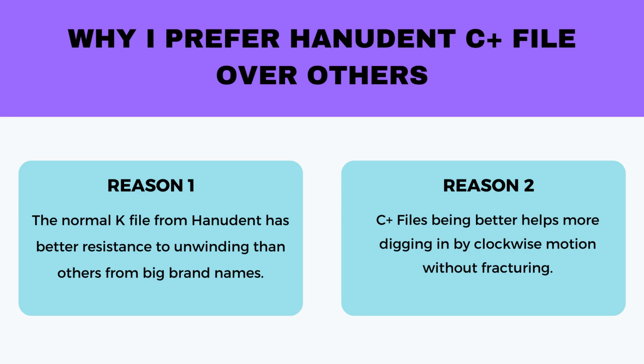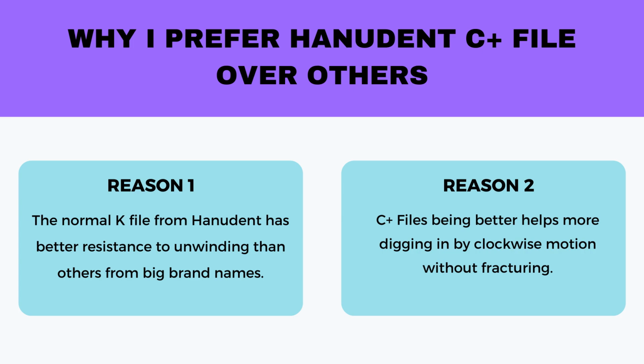C+ files are made of high quality stainless steel, and have an end cutting tip, and it helps more digging into the canal through clockwise motion without fracturing. So basically, when we work on a calcified canal, we should have the space to dig in more before we take it out to see whether it is unwound or not.